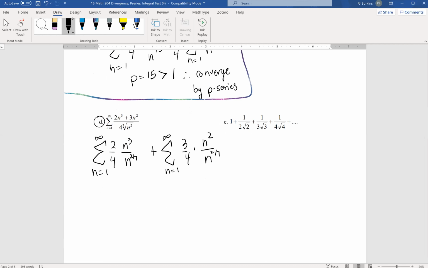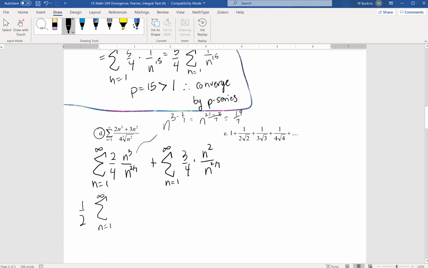So the 2/4 can come out as a half. For n cubed over n to the 2/7, I need to do 3 minus 2/7. So that's 19/7, right?